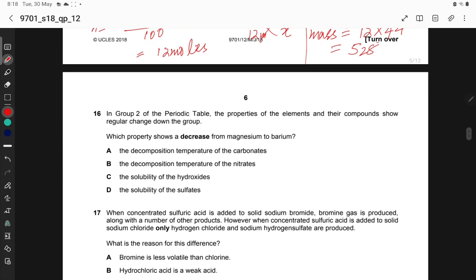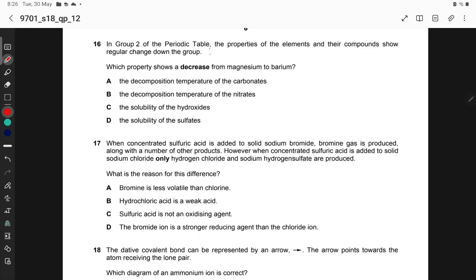Question number 16, group 2 of the periodic table. In group 2 of the periodic table, the properties of the elements and their compounds show regular change down the group.